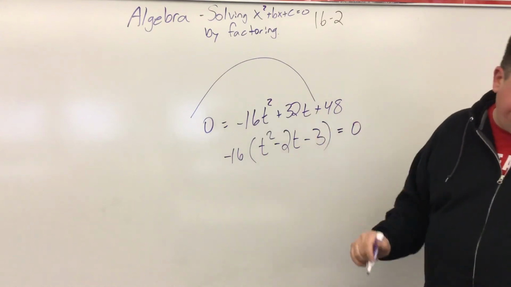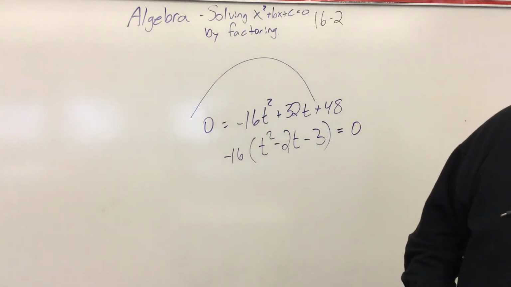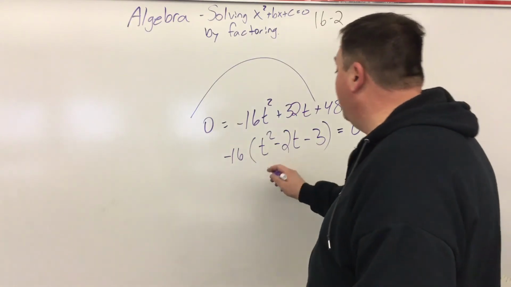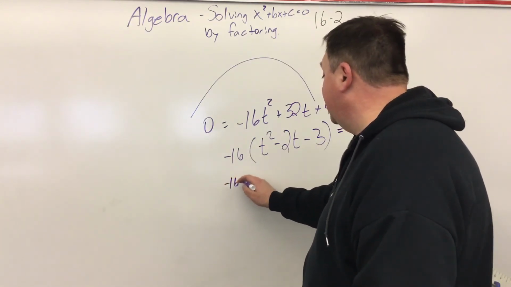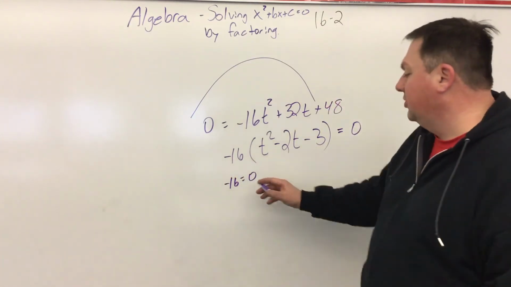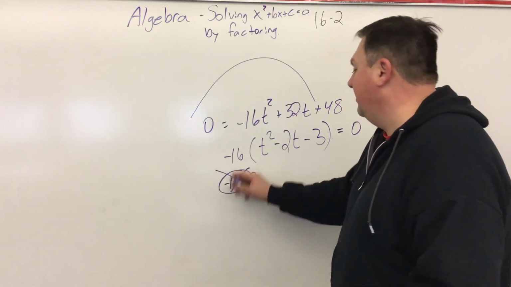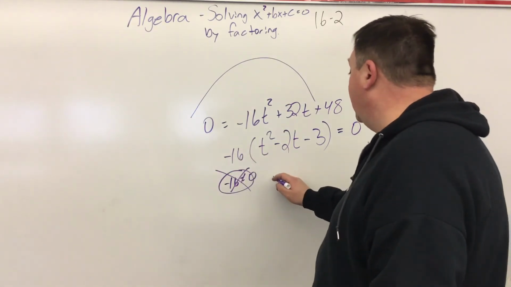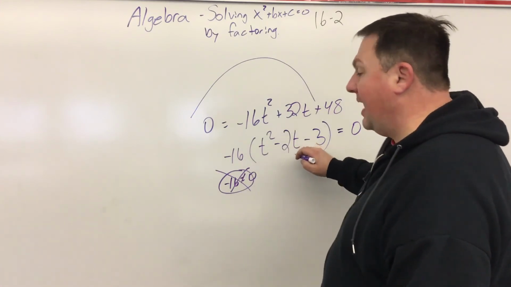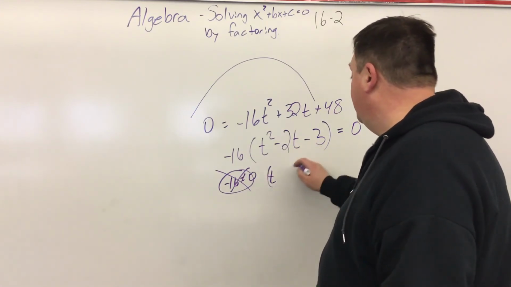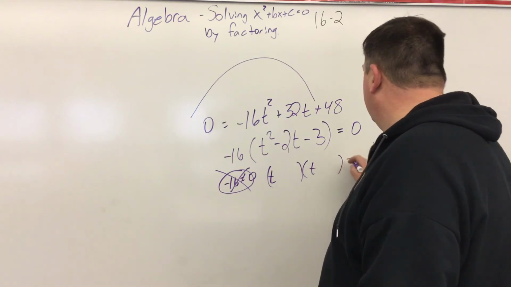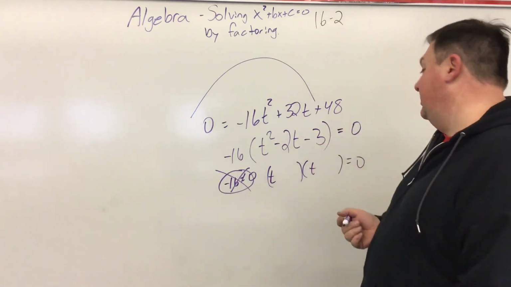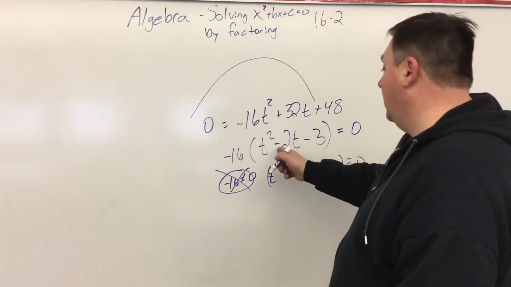Does negative 16 equal 0? No, so that's gone. Just get rid of this negative 16. Now we have to factor this. Since that's a negative, it's going to be a positive and a negative. What are our factors of negative 3? It's going to be negative 3 and positive 1.